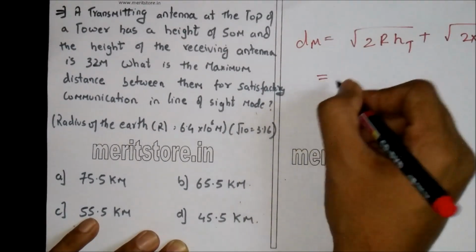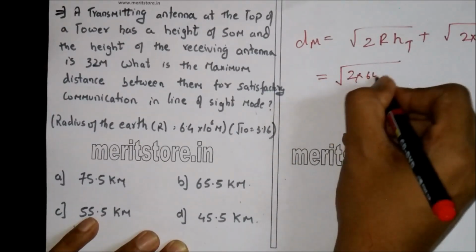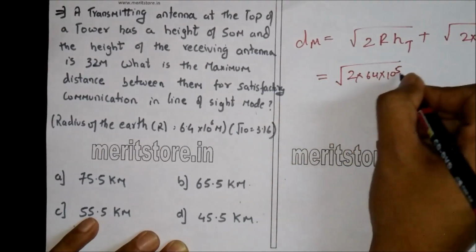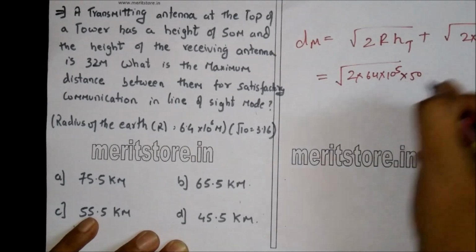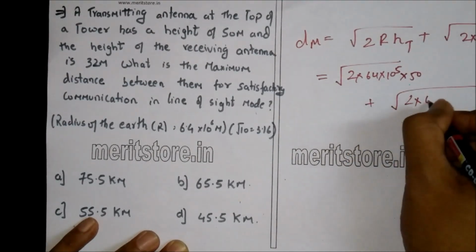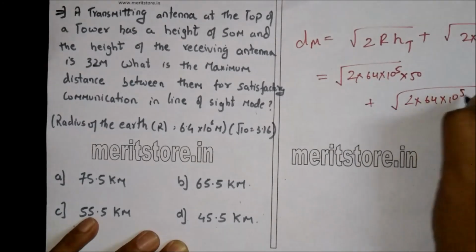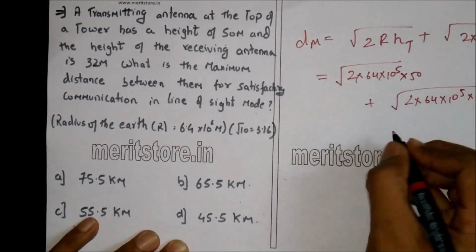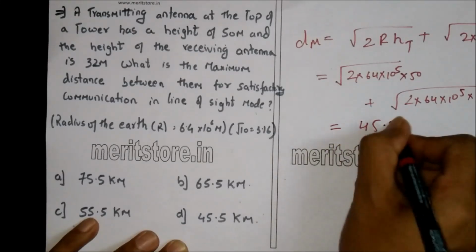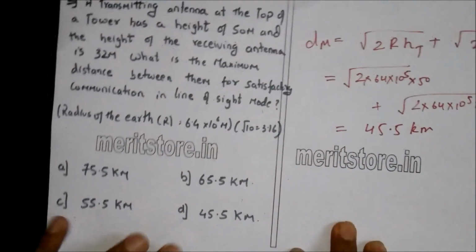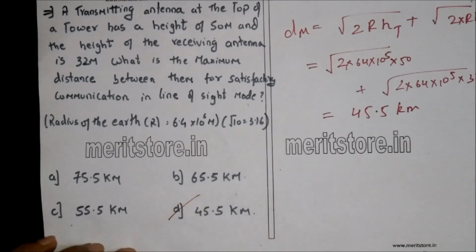So by substituting the values, we get root of 2 into 64 into 10 raised to 5 into 50 plus root of 2 into 64 into 10 raised to 5 into 32. So on calculating, we get the answer as 45.5 kilometers. So the correct answer is option D.